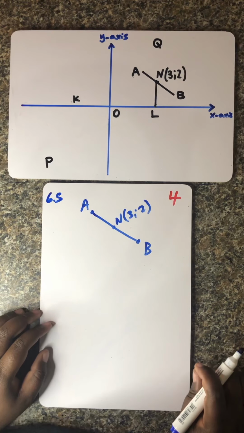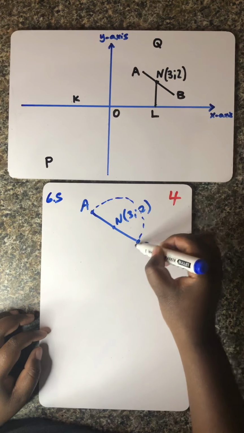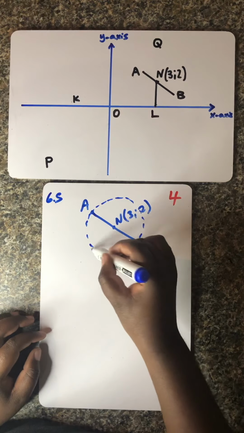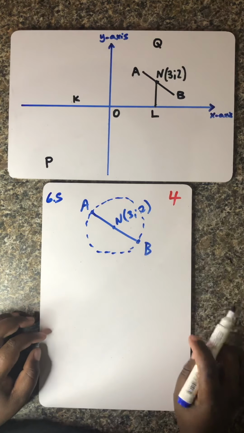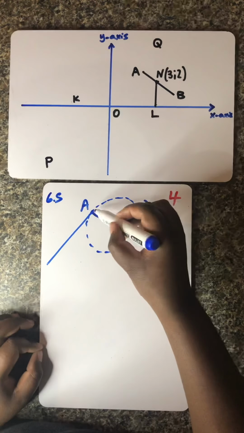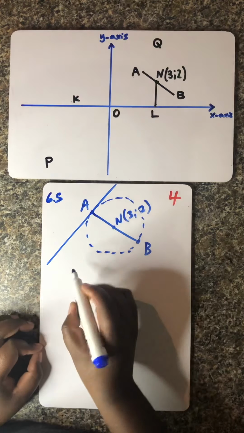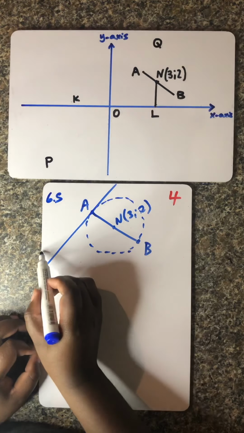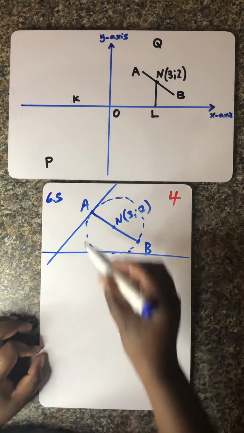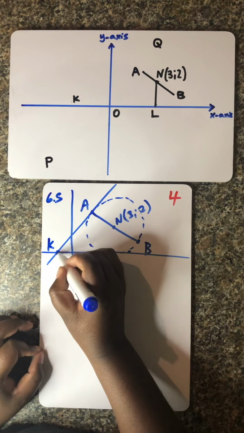So guys, let's quickly check something. Remember guys, this is a circle, right? In the beginning of this lesson, I explained that, remember, this is K, that point over there.